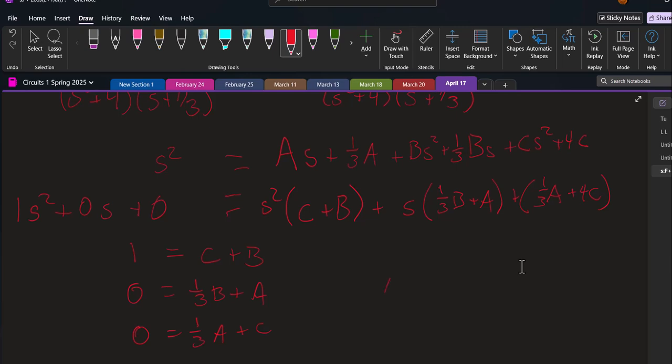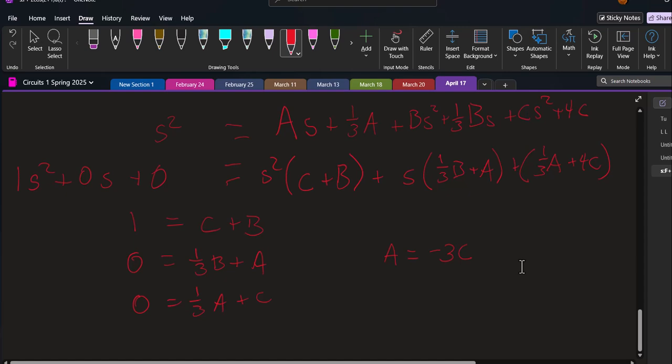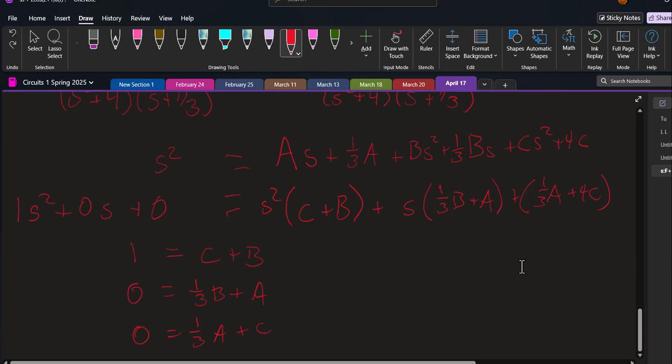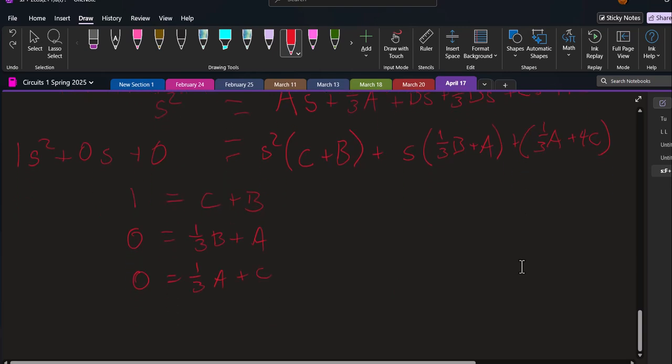So I have that a equals minus 3c from the bottom equation. That bottom one, should it be 4c? It should be, thank you. I didn't want to go any further with the mistake.